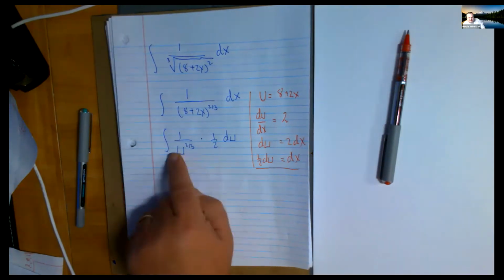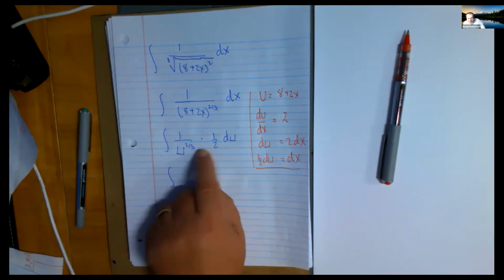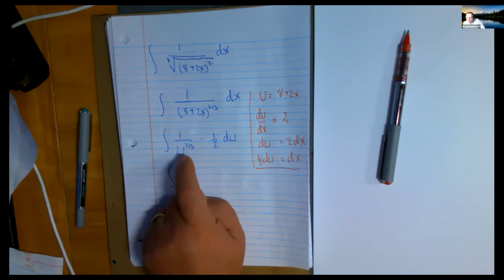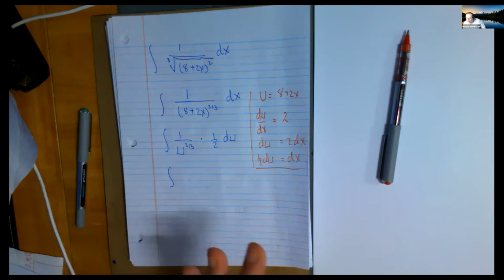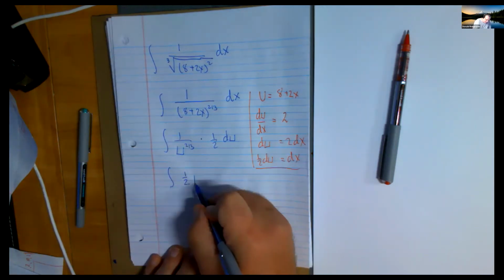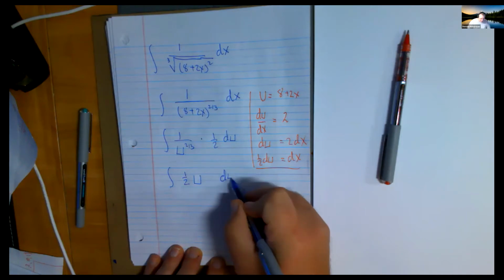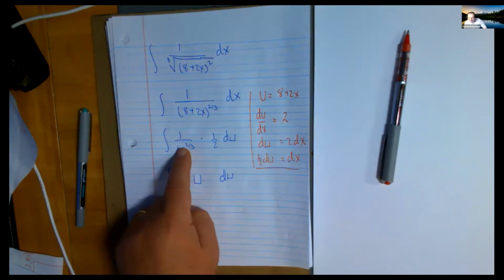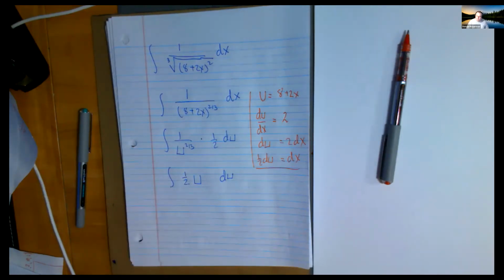That guy, we can find the antiderivative of this. What's the problem? I need to write it in a format that's going to allow me to use a power rule. And right now it's not really written that way. So what power of u is this going to get turned into?